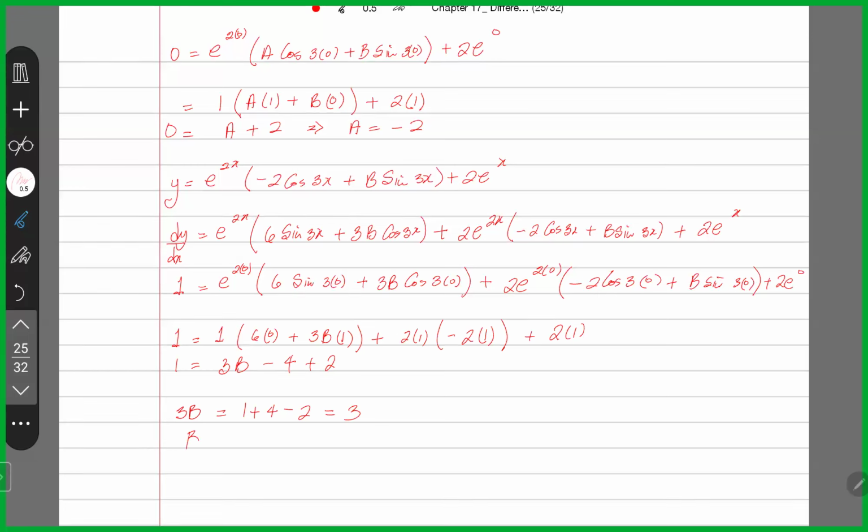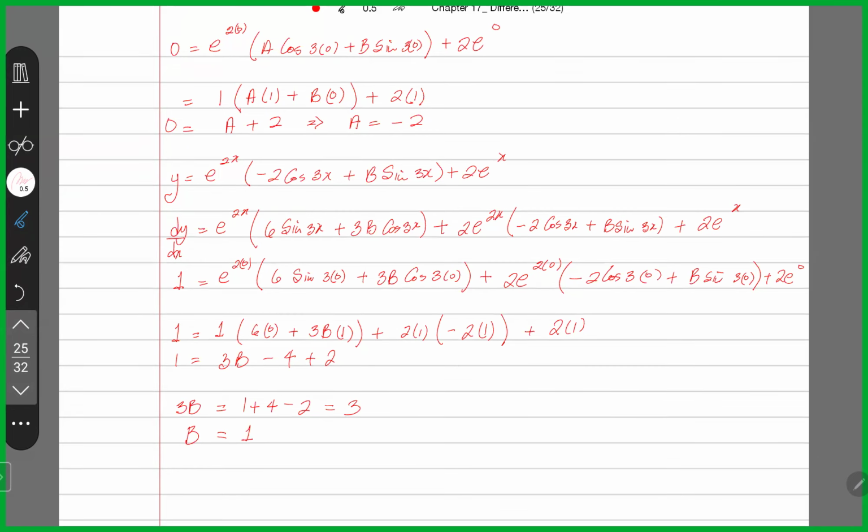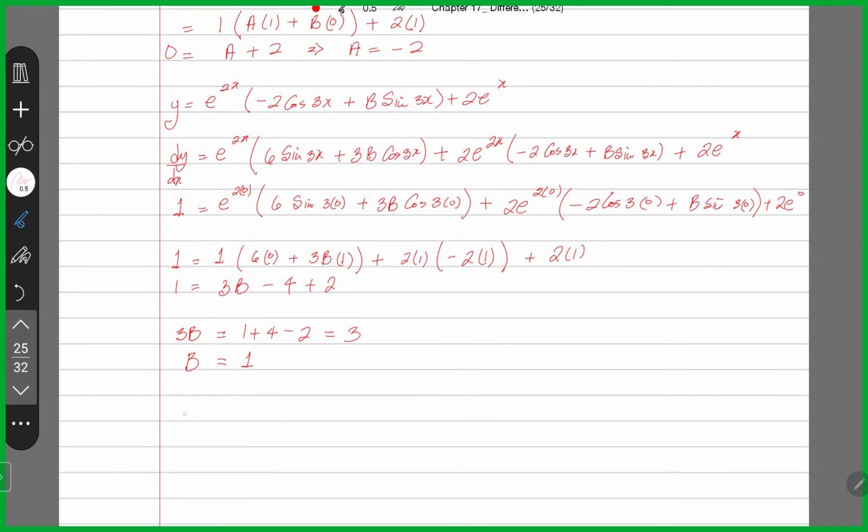Divide both sides by 3, and we get b is equal to 1. So our particular solution would be y is equal to e to the 2x, open bracket, minus 2 cos 3x plus b, which is 1, sine 3x plus 2e to the x.